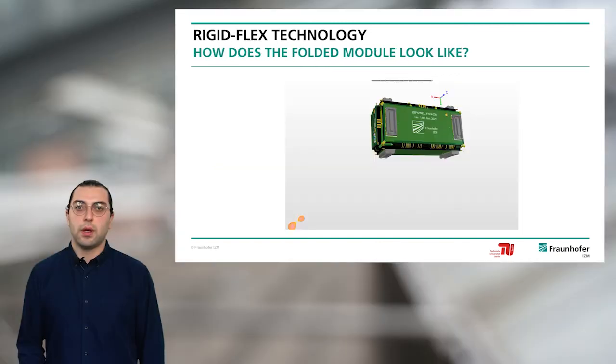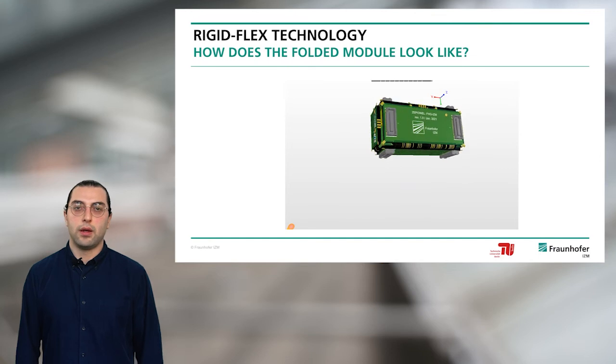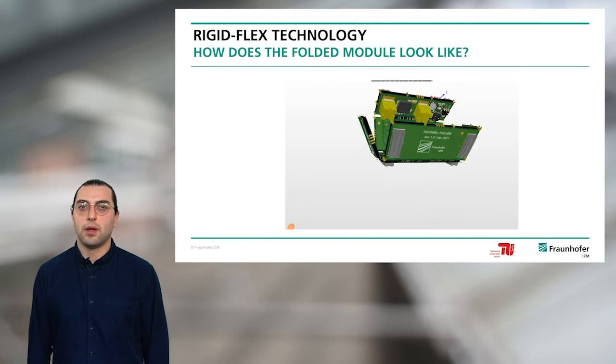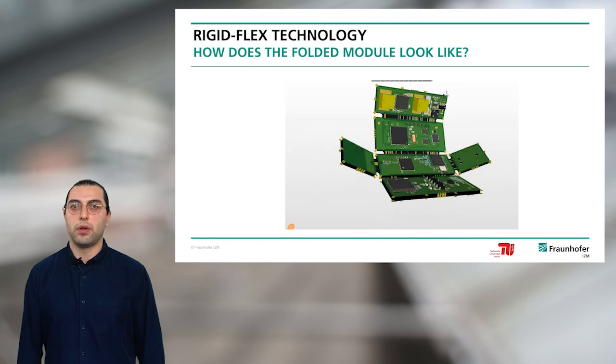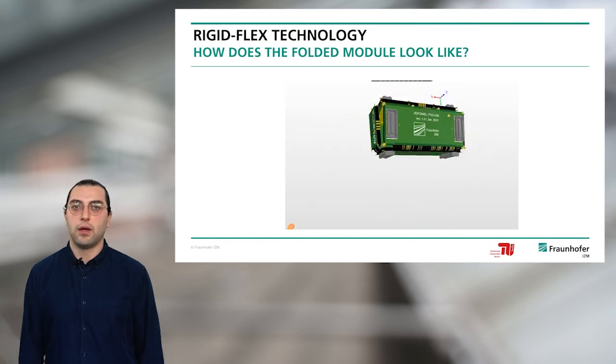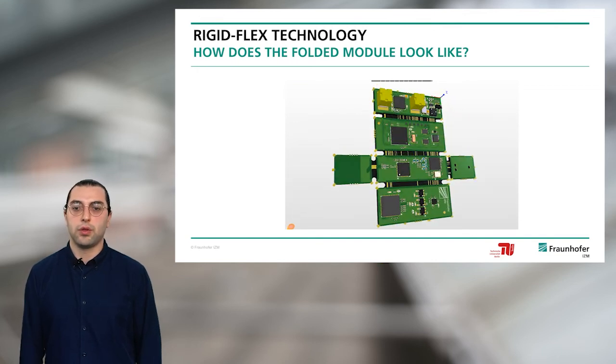Here you can see a simulation showing that when the cuboid is folded, the components don't block. So this is also a point you have to consider in the design when folding, that the components don't block each other, depending on your application.